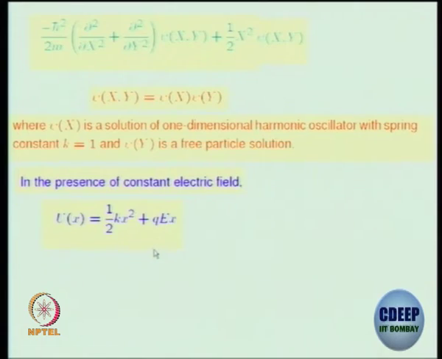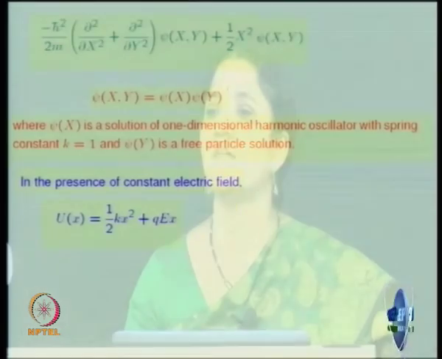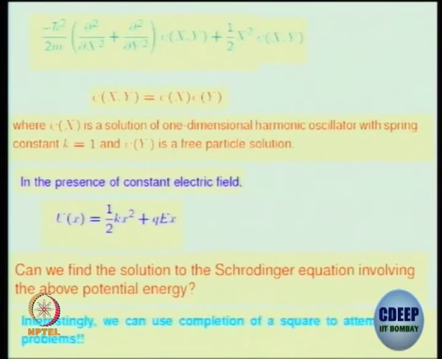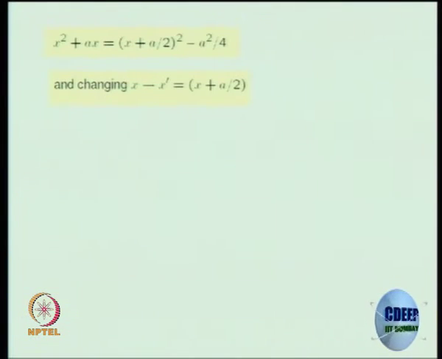How will you solve this? You try to see whether you can redefine another coordinate such that it can become your familiar potential. So you complete the squares to attempt such problems. How do I do this? If you have x squared plus a x, it's the same as shifting your x and then subtracting a constant.